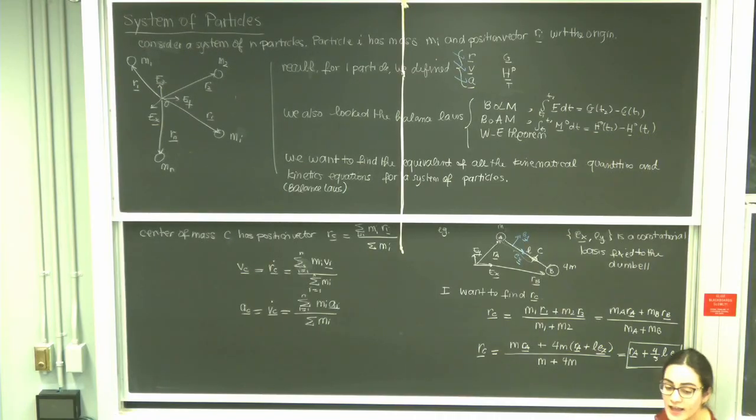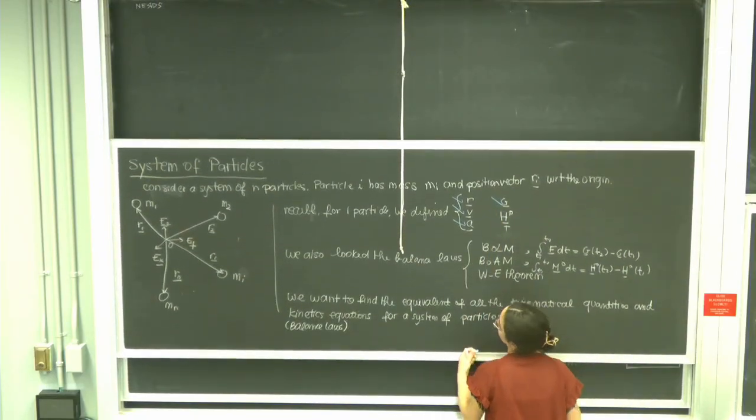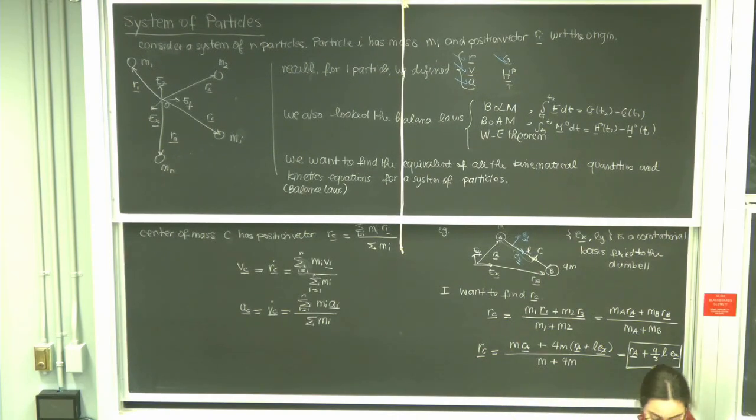Now we have to look at the angular momentum of the system. Okay, angular momentum. Let me actually say the angular momentum of the system is also equal to the sum of the angular momenta of the individual constituents.